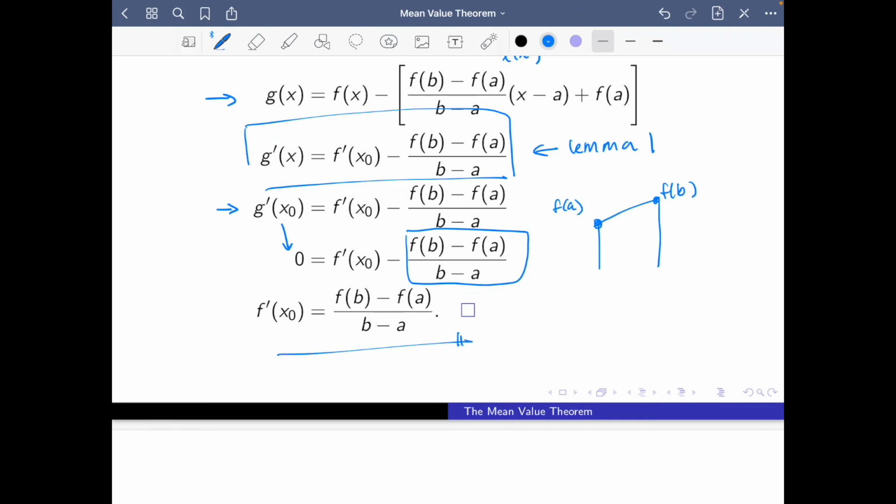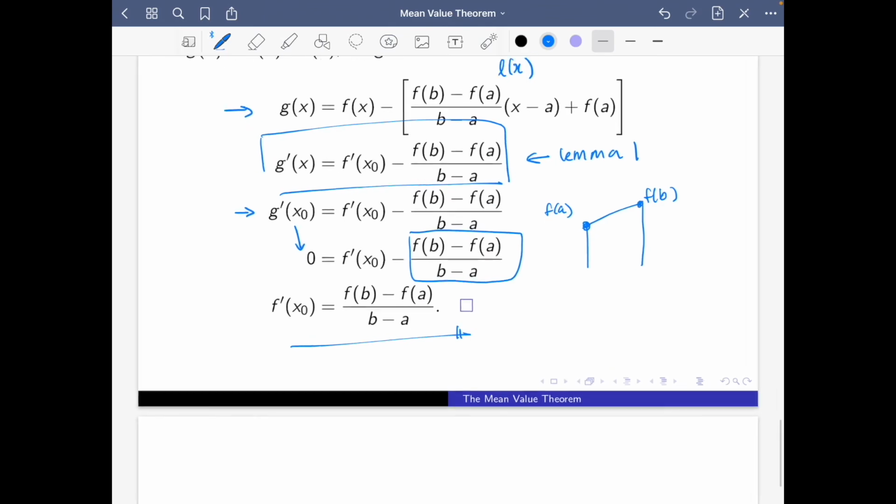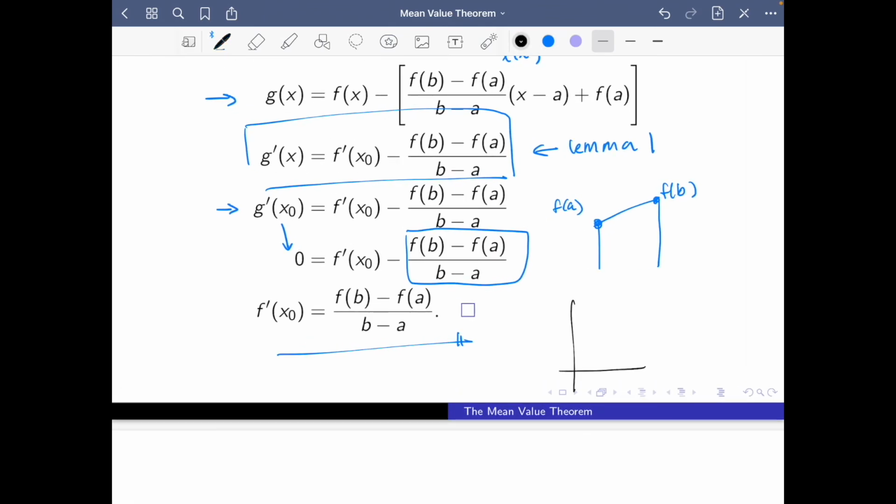And this is exactly what the mean value theorem tells us. The mean value theorem states that for a function that is continuous on [a,b] and differentiable on (a,b), you can draw the line, and there always exists a point like that, x0 here.